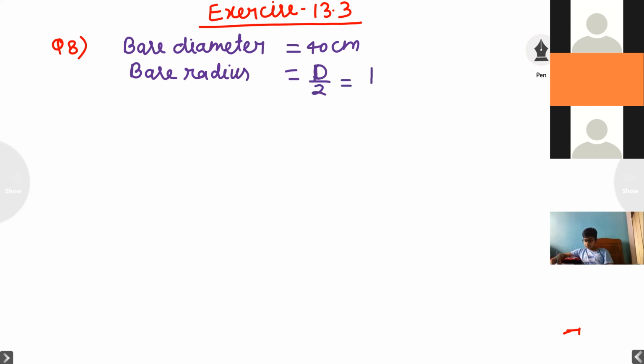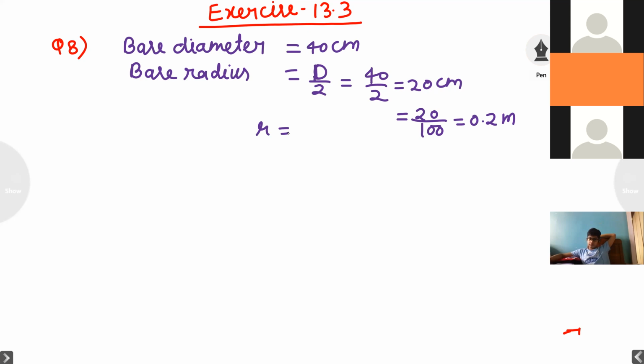Diameter is 40, 40 by 2 is equal to 20 centimeter. Now 20 centimeter we want to convert into meter because height he has given in meter. Centimeter I want to convert into meter by dividing by 100 because 1 meter is equal to 100 centimeter, and 20 divided by 100 is equal to 0.2 meter. Radius we got it. Radius r is equal to 0.2 meter.